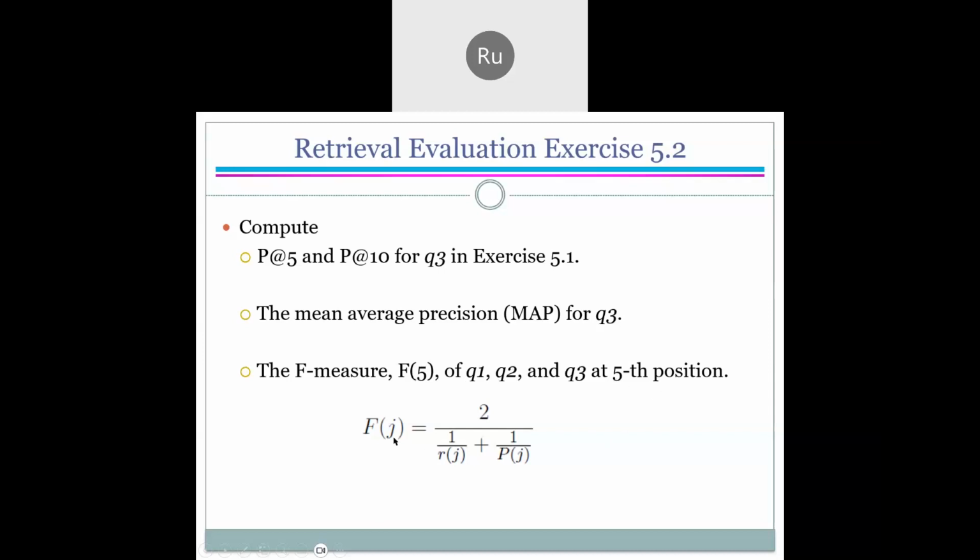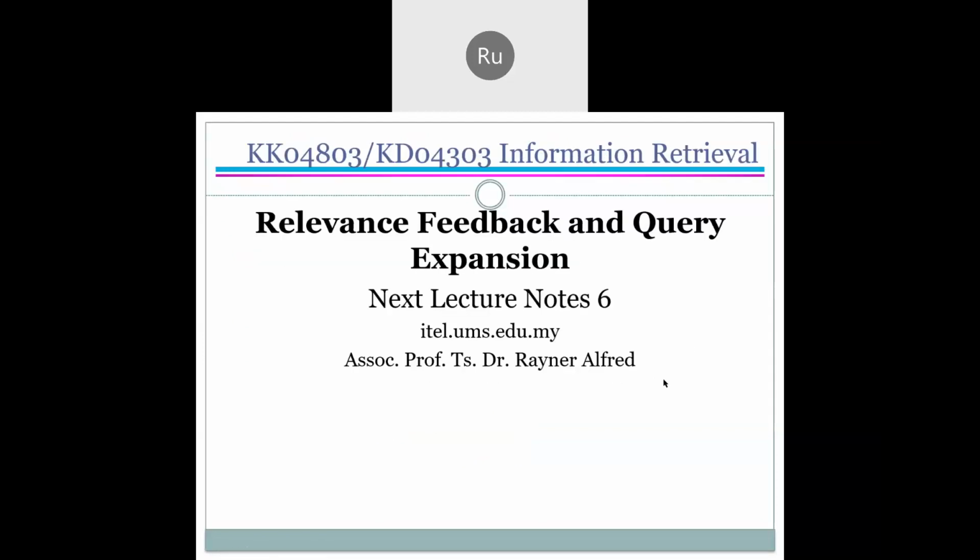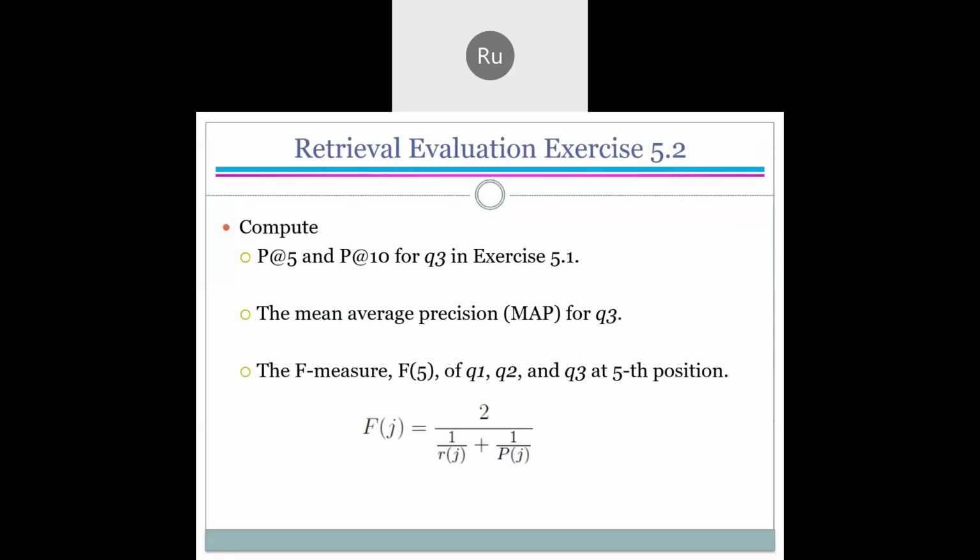So for each of the queries, you find the recall at position 5 and the precision at position 5 for each of the queries Q1, Q2, and Q3. So you will get a different measure for each of the queries because the positions of the relevant documents will be different. Okay. So we are done with that one.